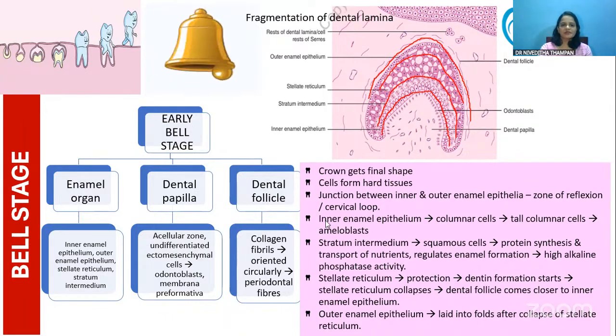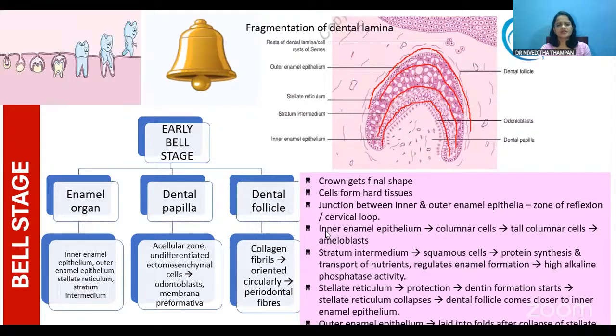So tell me, which is the first structure that is getting formed in tooth formation? Yes, Dr. Kartiga. Yes, any others? Is it dentin or enamel? Enamel is the outer layer, right?